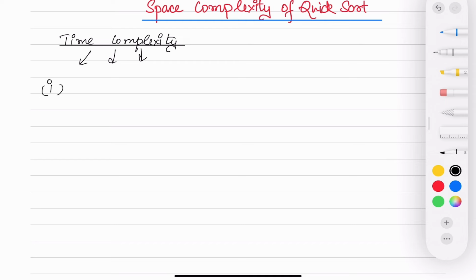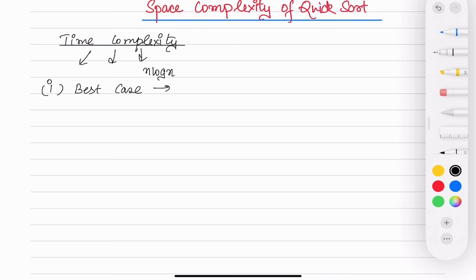When I talk about the best case, if you remember, we had the time complexity of n log n because every time we were dividing the array into two equal parts.